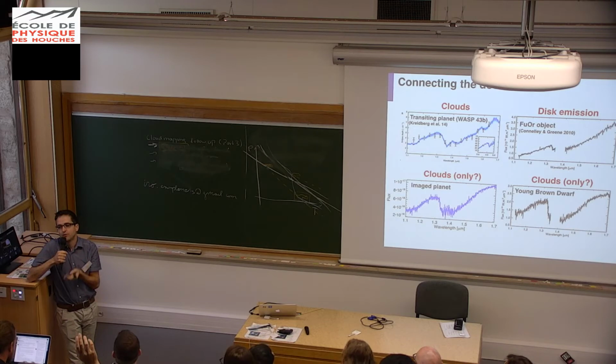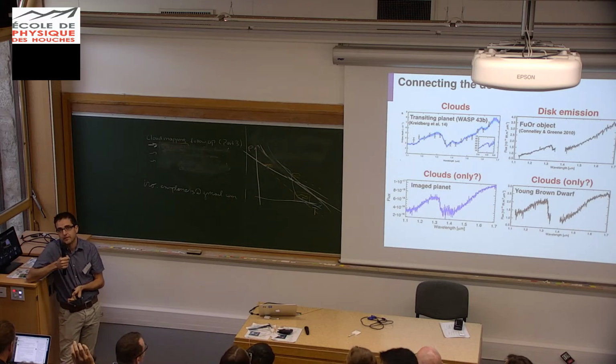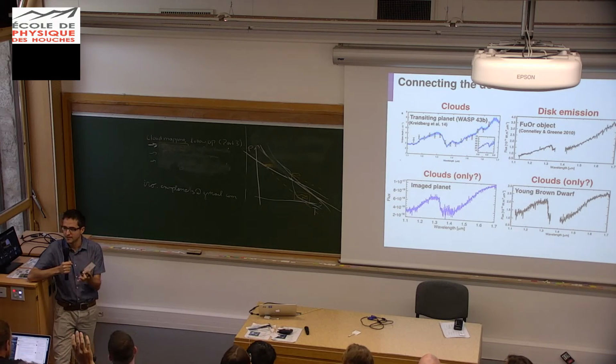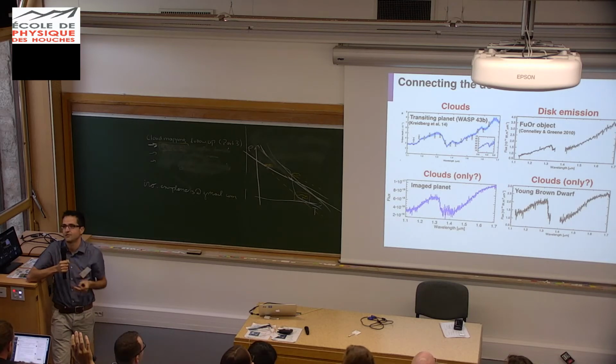In terms of inputs for the models, it would make sense to get a very high resolution spectrum of young brown dwarfs or directly imaged exoplanets, and look for departures in the atmospheric models in terms of line opacities, and then use that to improve the models for the transiting planet.